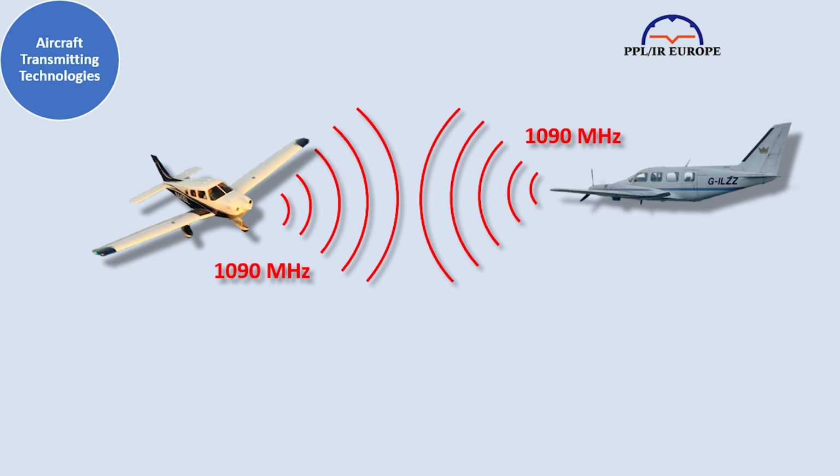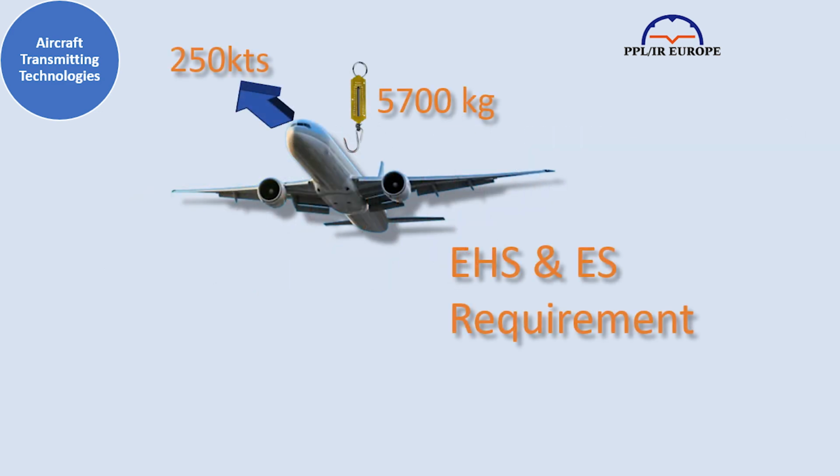Both ELS and EHS transponders are available with extended squitter, but as ES is a requirement for the same aircraft and airspace as EHS, it would be unusual to encounter an aircraft with EHS but no ES. EHS and extended squitter are unlikely to be mandatory for most PPLIR members, as compliance in Europe is limited to aircraft above 5,700 kilograms or a maximum true cruising airspeed of 250 knots.